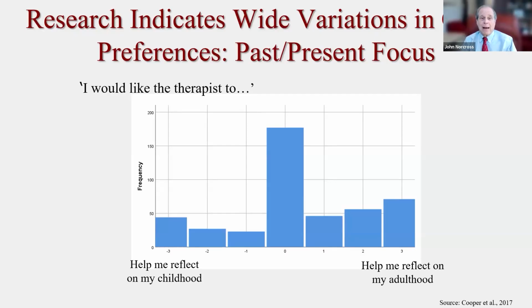So for 40-some years, we've been investigating this. We have lots of slides on this. If you simply ask clients, on a 7-point scale, would you like your therapist primarily to help you reflect on your childhood or your adulthood? You can see they use all those points, right?